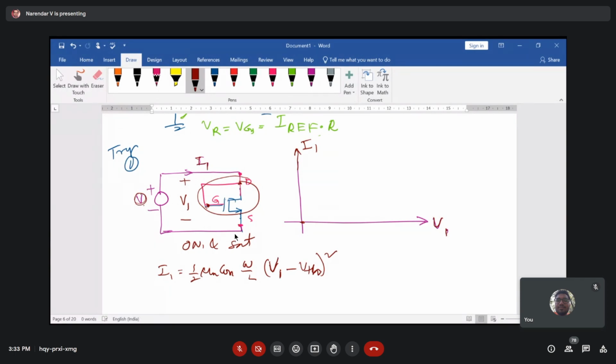Now we are plotting V1 and I1. As V1 is a smaller value, up to VTH, the threshold voltage of the transistor, because it is there in your expression, there is no current in your device, but beyond VTH you see that there is a current across the MOS transistor, right? This is what you can notice. And here V1 should be greater than or equal to VTH, then only you can see the current.